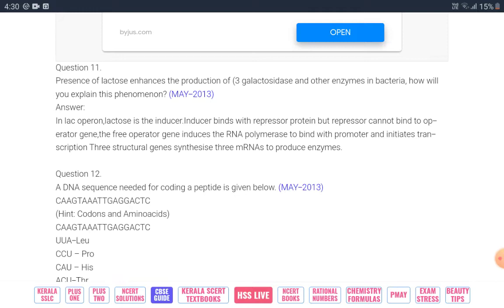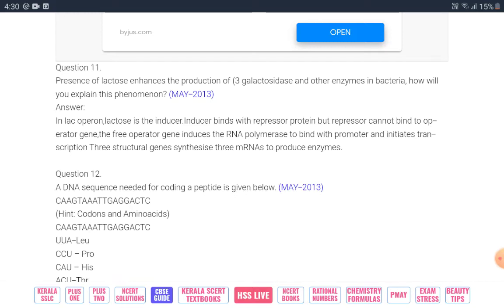The inducer binds with the repressor protein, so the repressor cannot bind to the operator gene. The free operator gene induces the RNA polymerase to bind with the promoter and initiate transcription. The three structural genes synthesize three mRNAs to produce the enzymes.